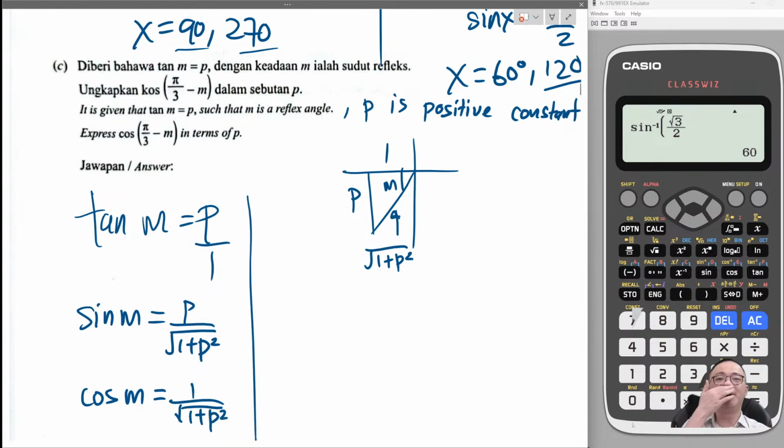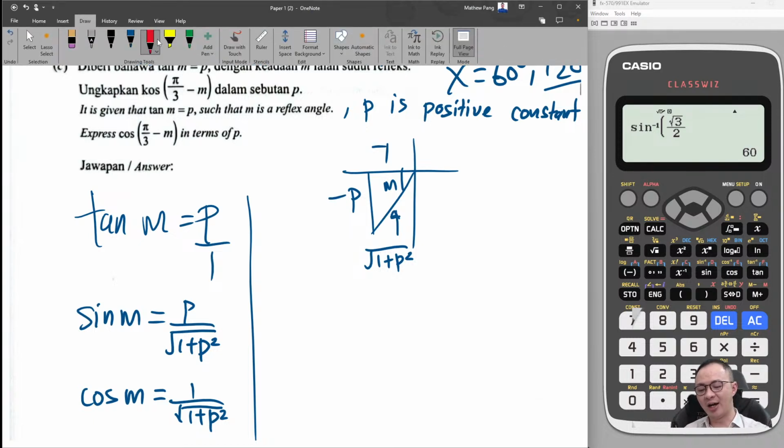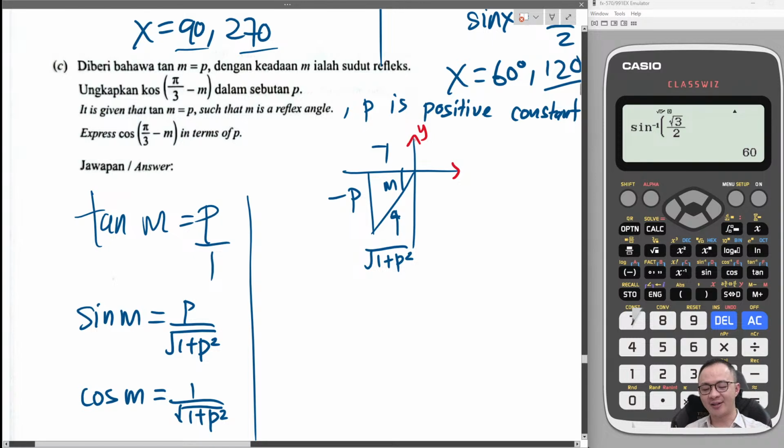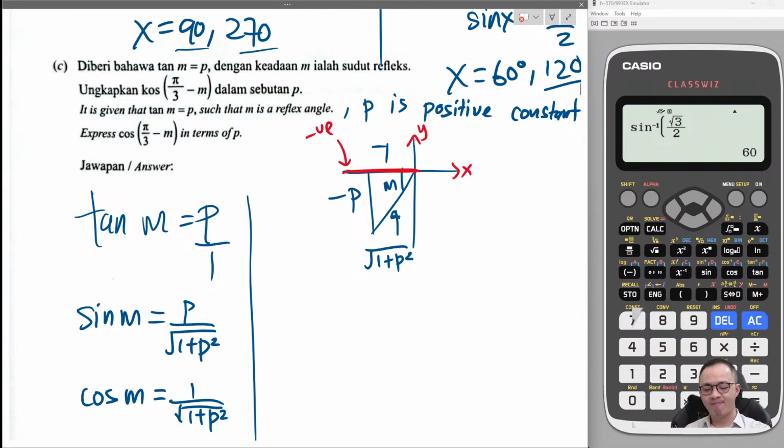Okay, if you want to ask me, sir, how do you get all these? Basically just do the, oh, sorry. This one is negative and negative. This is the y axis, this is the x axis. Then here will be negative zone. This one also is negative zone.